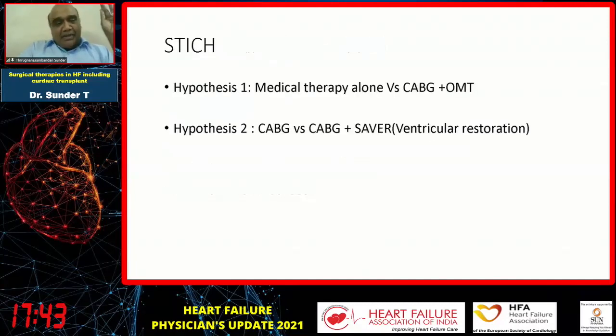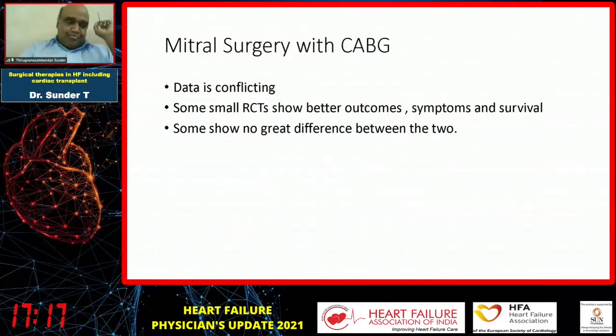Basically, if you compare medical therapy alone with CABG in patients with left ventricular dysfunction, in the long run, at 10 years, surgery performs better in terms of all-cause mortality and cardiovascular mortality. The second thing tested was CABG versus CABG with ventricular restoration. There was no difference between the two.